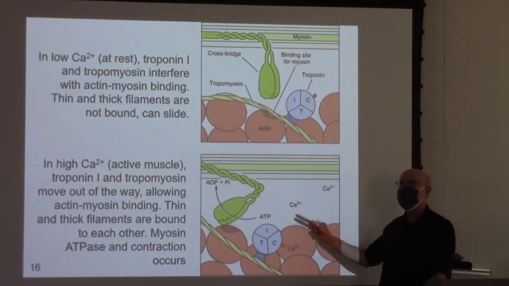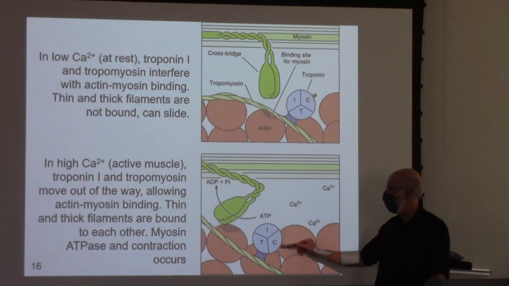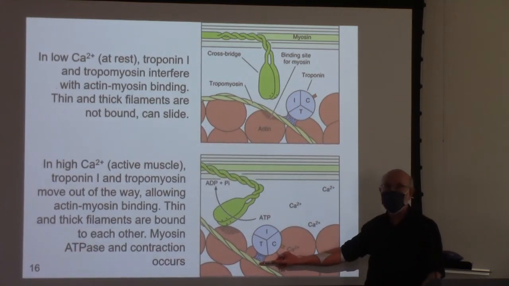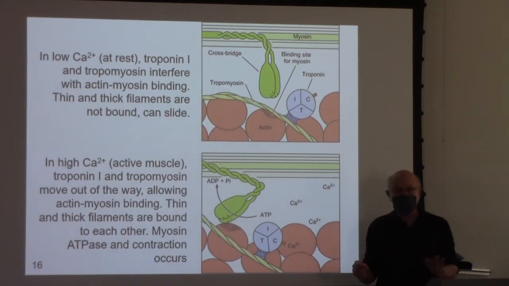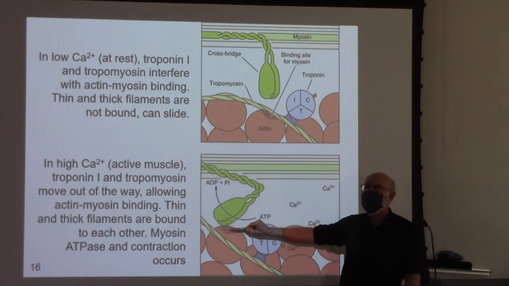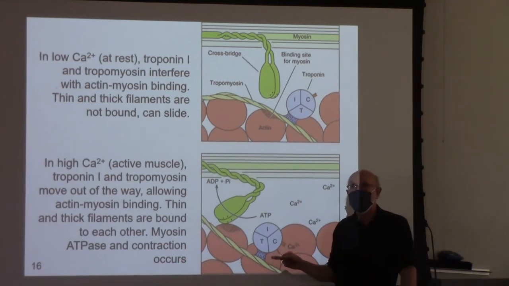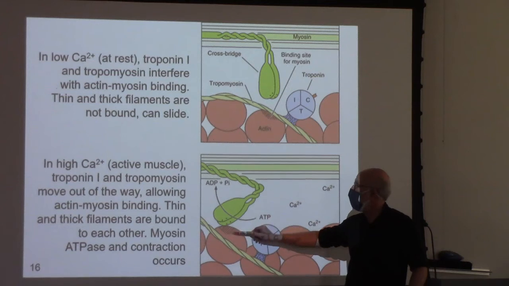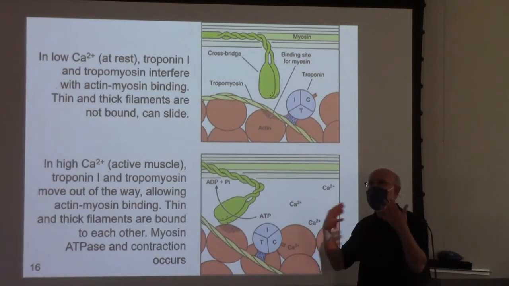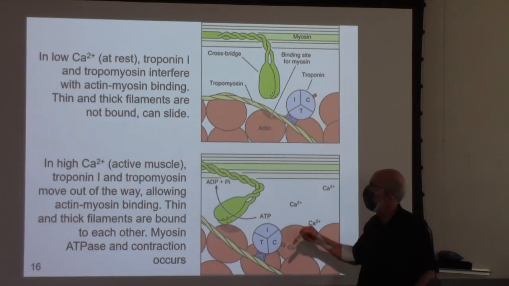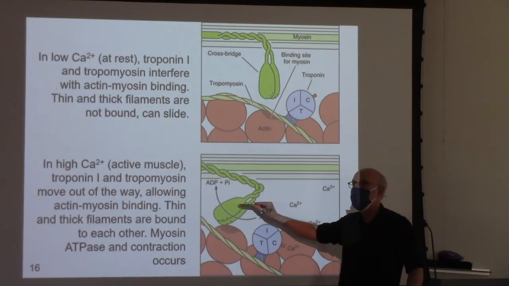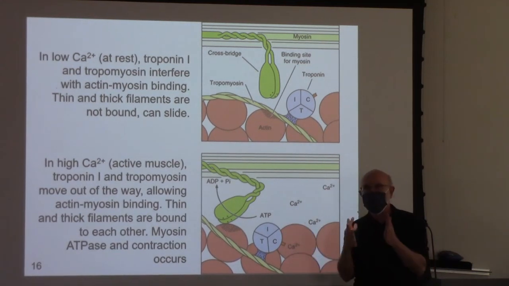When calcium binds to troponin, a conformational change moves the tropomyosin and the troponin away. Now the binding site for myosin on actin is exposed. Actin can bind the myosin head group, and we're going to go off into a cycle of phosphorylation and conformational changes that are going to shorten the muscle length.